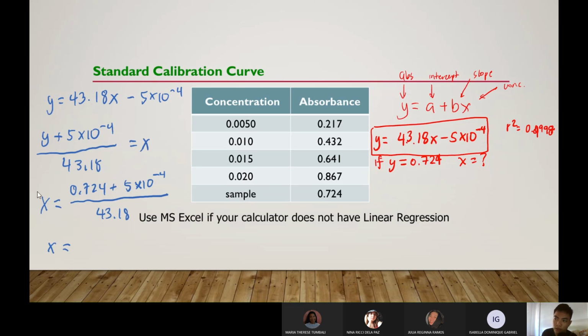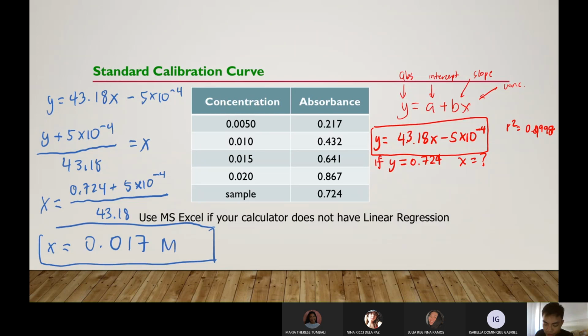So, kung ito yung y mo, hanapin mo na lang yung x using this equation. Okay? So, let me plug it into my calculator. So, the concentration is 0.017 molar. So, that's the concentration if the absorbance is 0.724. Okay?